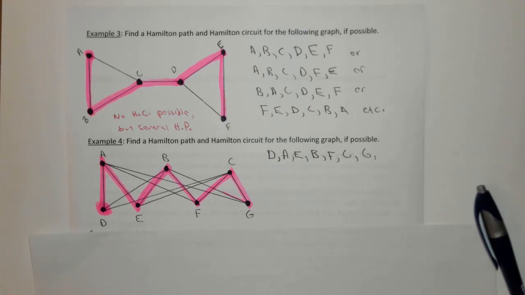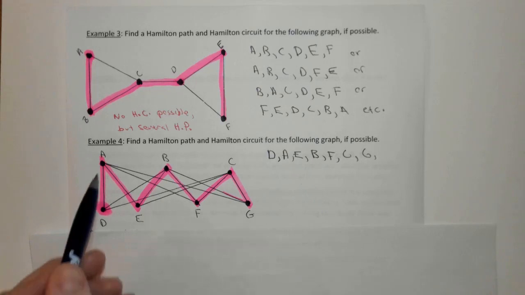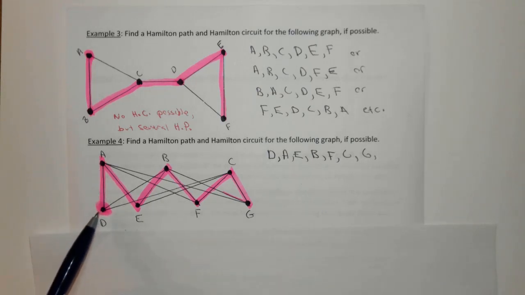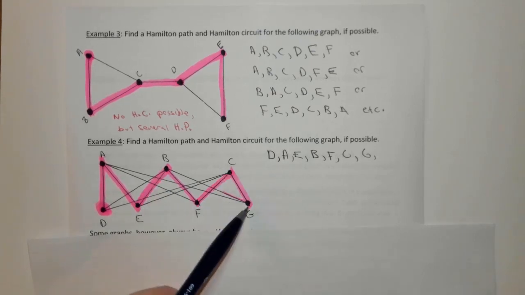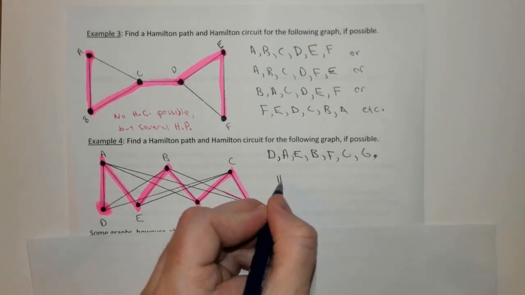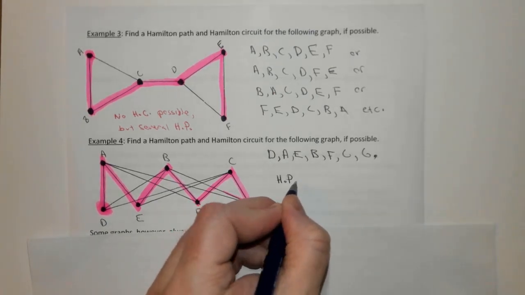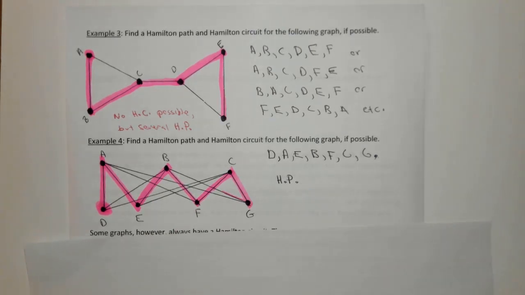So what's going to happen is I am not going to have a Hamilton circuit. There's no Hamilton circuit, but it appears to be a Hamilton path because we hit all of the vertices: D, A, E, B, F, C, G. I'm not able to get back to D, so it's a Hamilton path, but not a circuit.